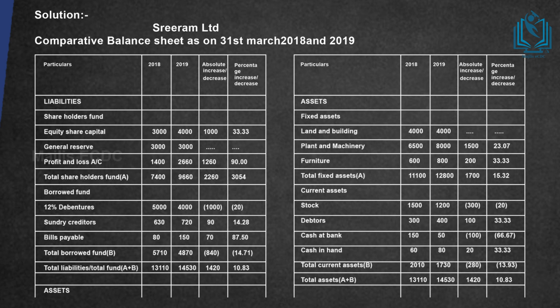Some items show sudden changes in 2019. See the profit and loss account, percentage of increase is 90, bills payable, percentage of increase is 87.5% and cash at bank 66.67% decrease in 2019. It means some items suddenly changed in the comparative balance sheet of Shriram Limited.